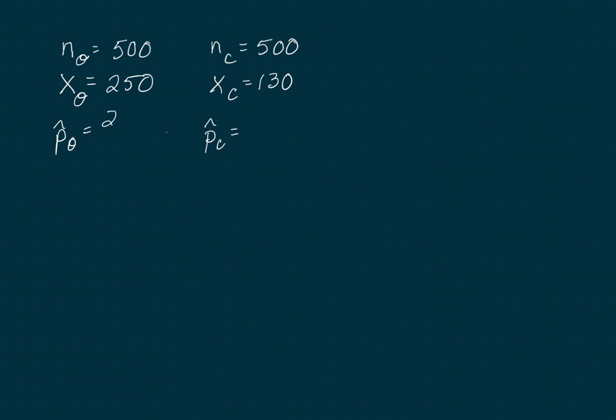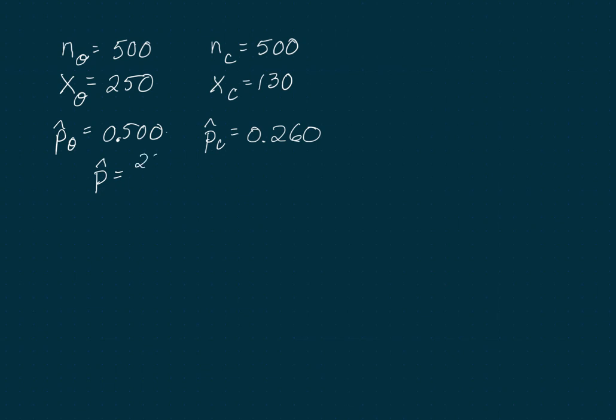So the number who survived, 250, divided by the number in the sample, gives us our proportion in each case. Of course, 250 divided by 500 is equal to 0.50, and 130 divided by 500 is equal to 0.260. And finally, we need to calculate the pooled proportion.